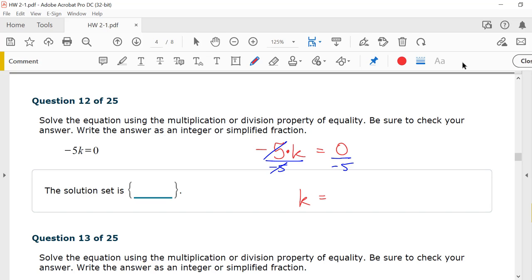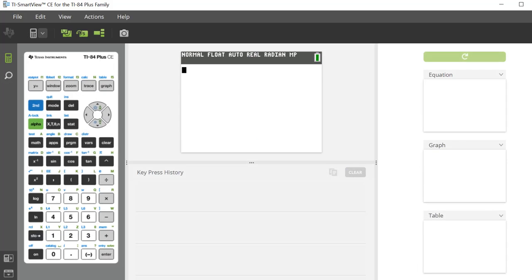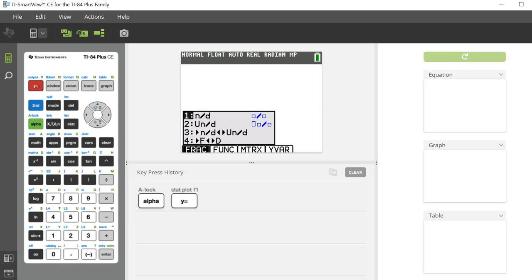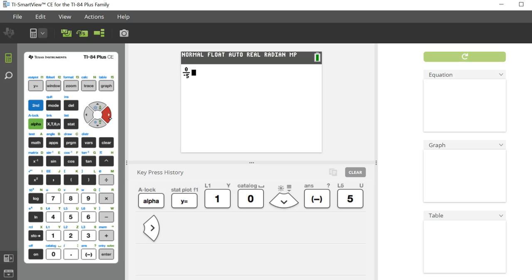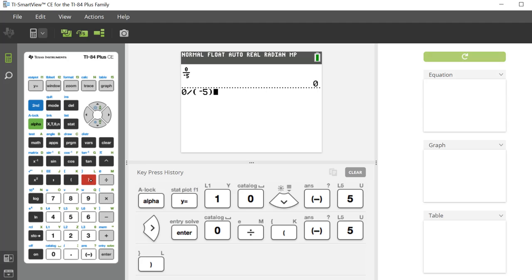All right, this is always confusing for some students. What is 0 divided by negative 5? On the calculator, 0 divided by negative 5 is 0. You get 0.